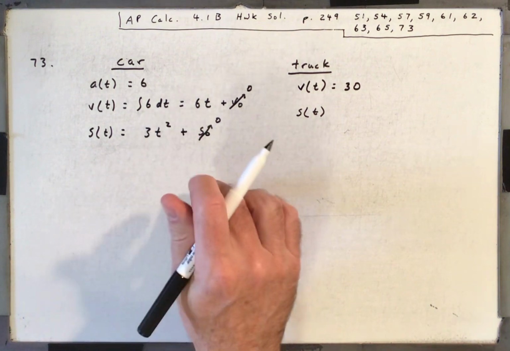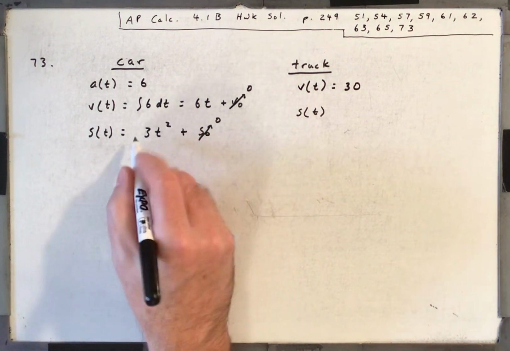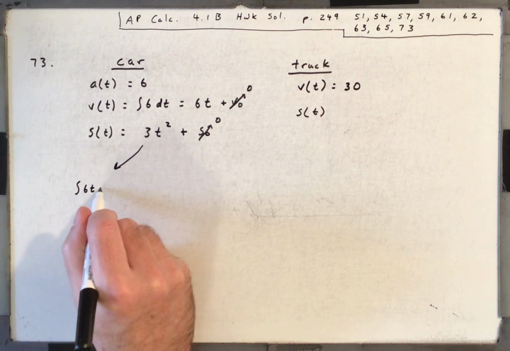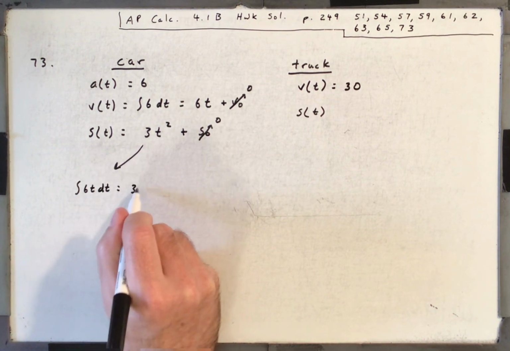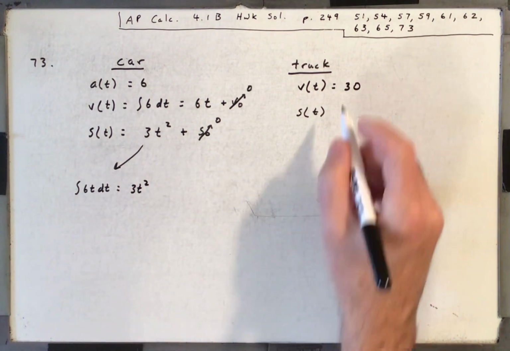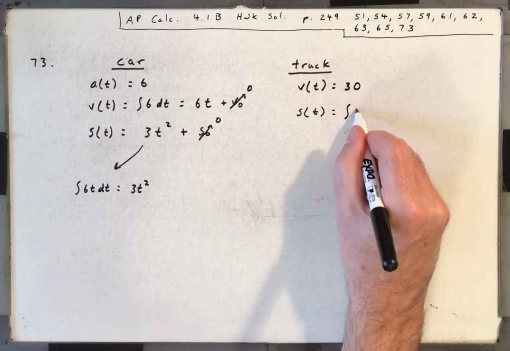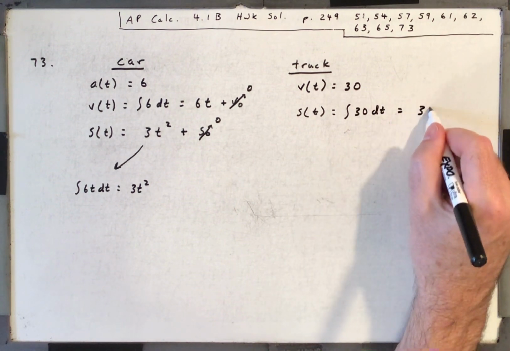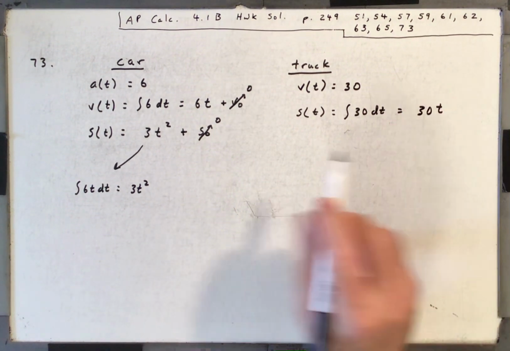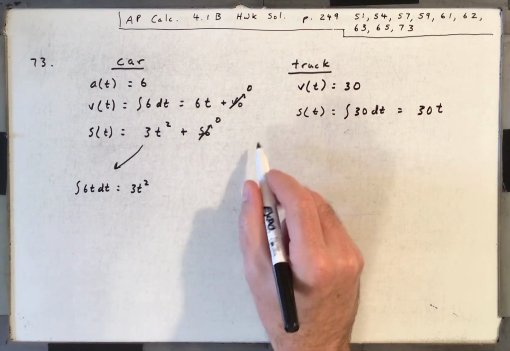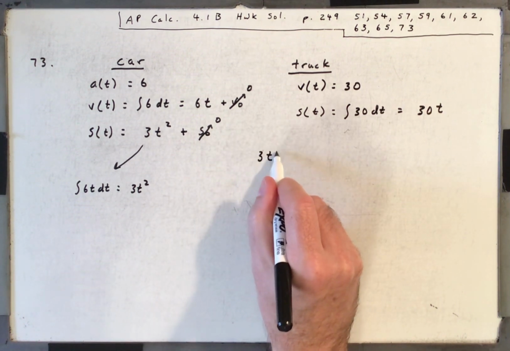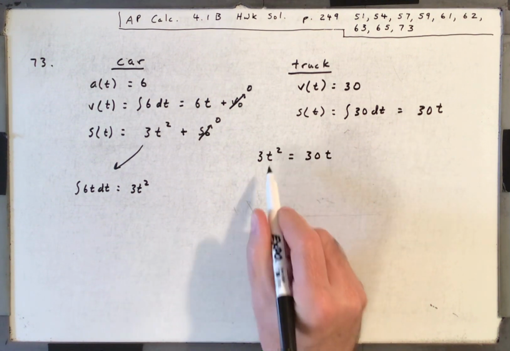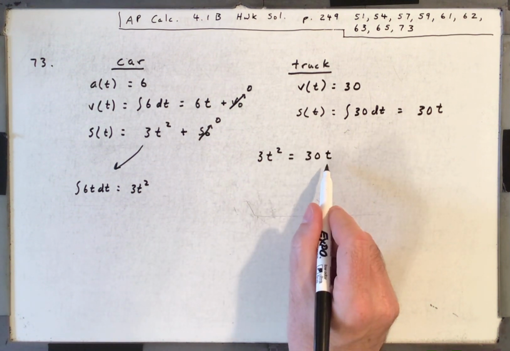I integrated 6t, so that 3t squared came from integrating 6t. Sorry about forgetting that. And for the truck, we have 30 dt, so that is 30t. So we could just set 3t squared equal to 30t to get the time for their positions to be equal.